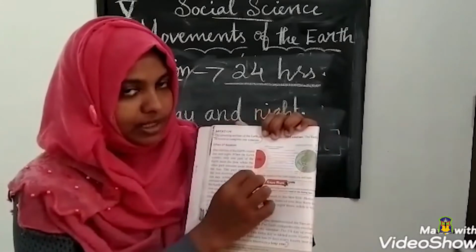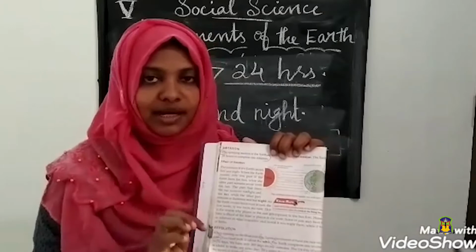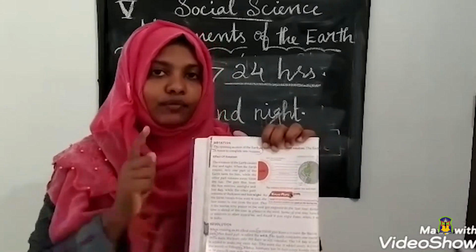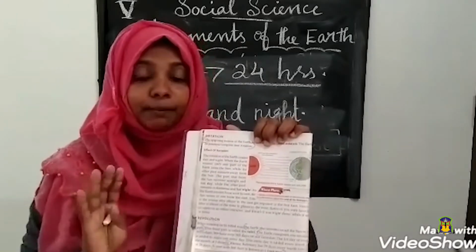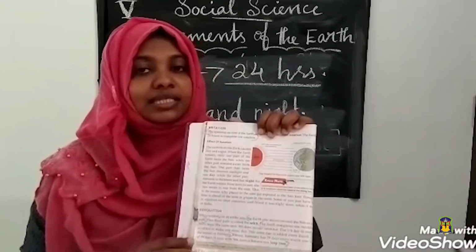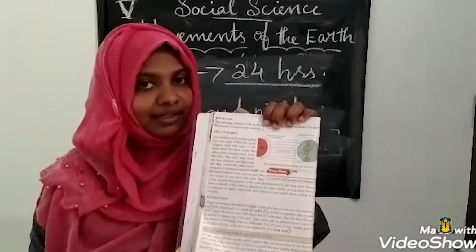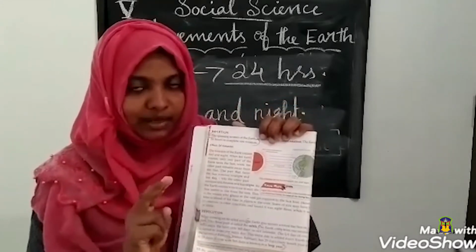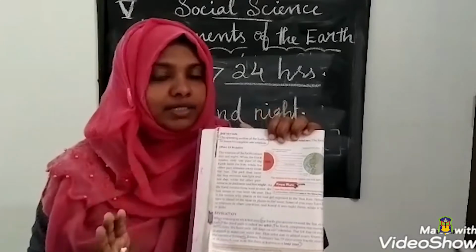The part that faces the sun receives sunlight and has day, while the other part remains away from the sun, in darkness, and has night.